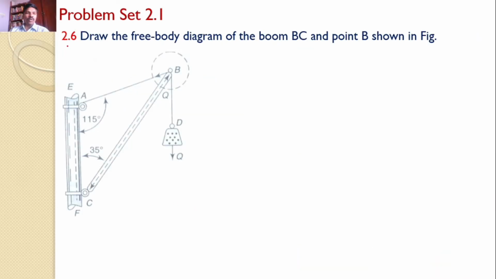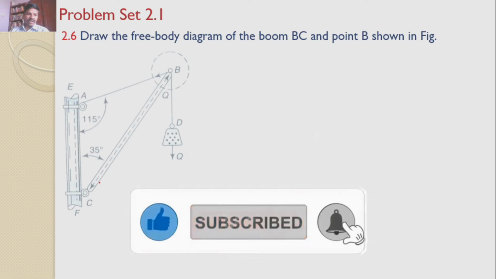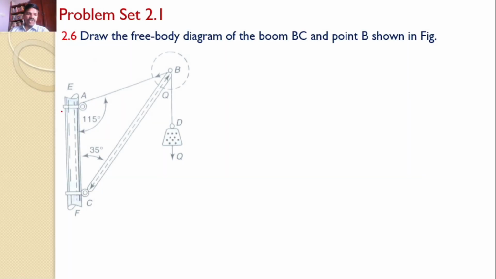And problem number 2.6. Draw the free body diagram of the boom BC and point B as shown in the figure. Now this is the given figure. In that there is a boom BC. One end is fixed to a fixed support EF, and at the other end B, a string is connected.